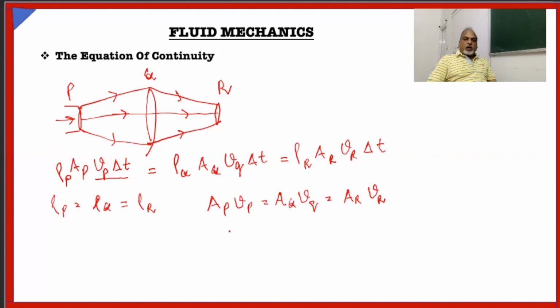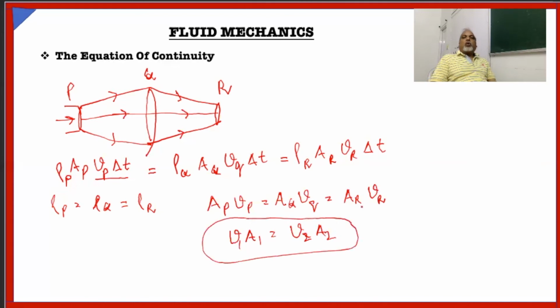In simple terms, V1 A1 must be equal to V2 A2. This is your equation of continuity.